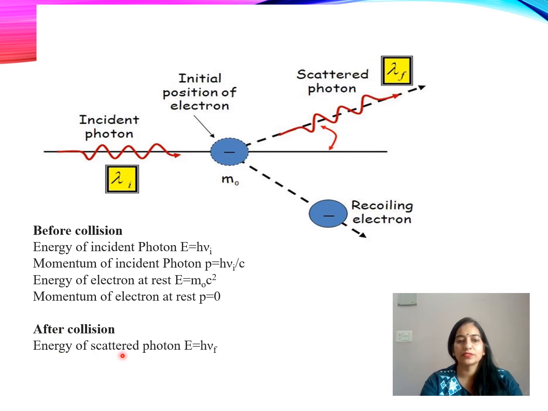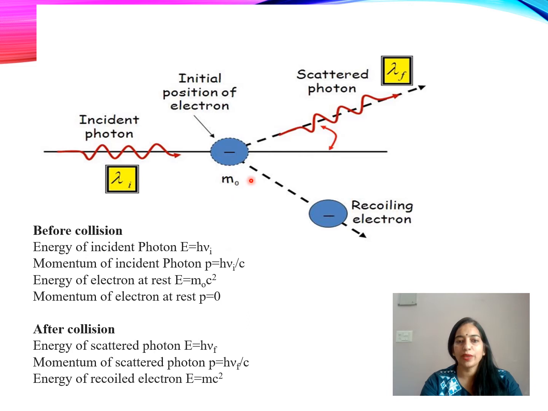So the energy of the scattered photon is h nu f, and its momentum P equals h nu f upon c. The electron gains some energy and attains a velocity v. Then its mass changes from m naught to m, and its energy is equal to mc square. From the variation of mass we calculate m. And the momentum of the recoiled electron is p equals mv.